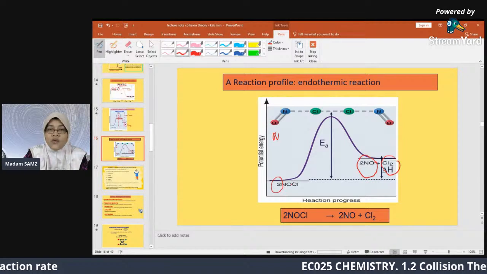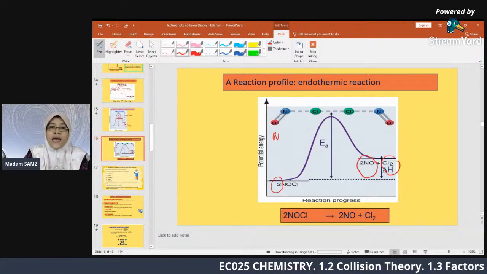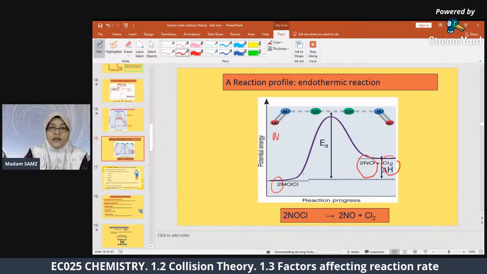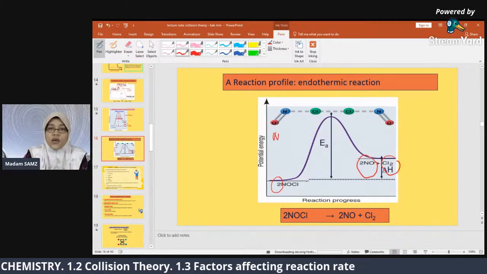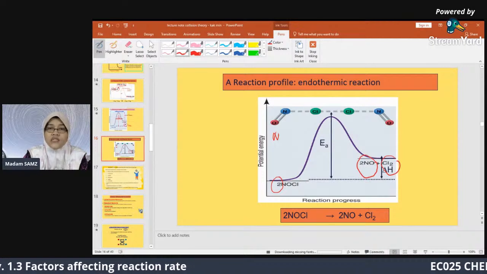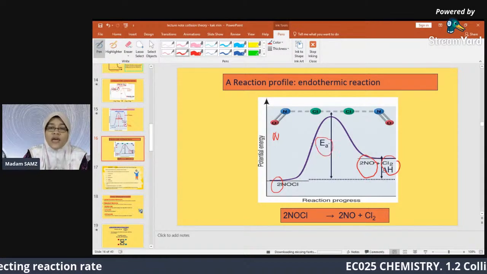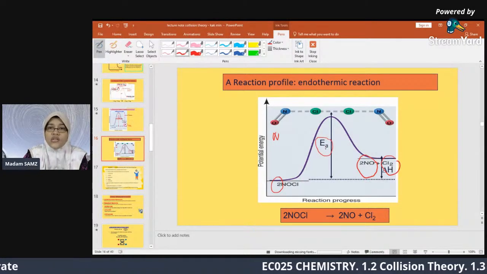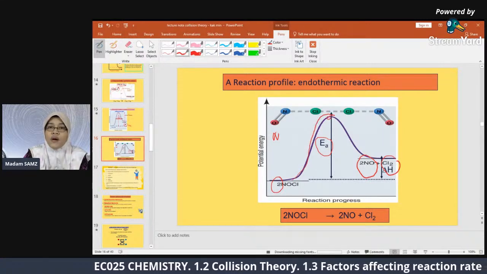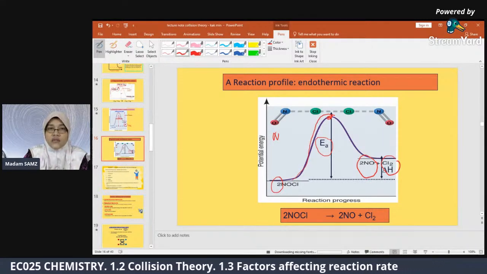So this NOCl will collide and break the bond. If the reaction possesses enough energy, which we call enough activation energy, the reactants will arrive at this peak of the mountain that we call the activated complex.